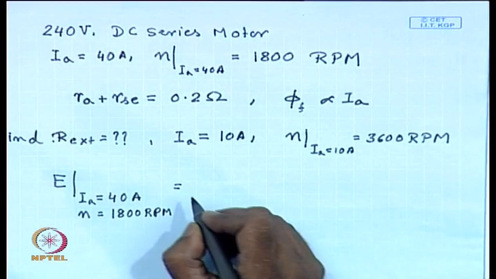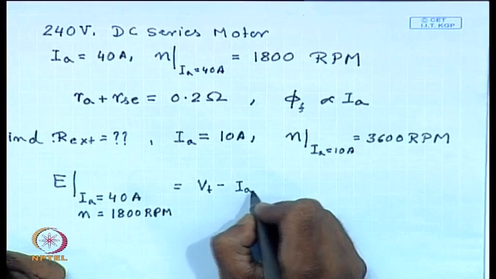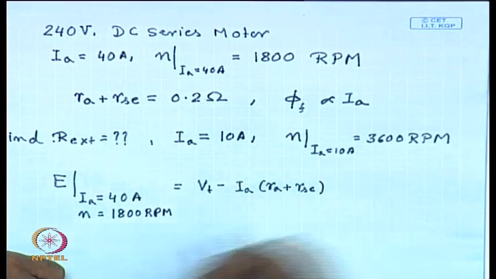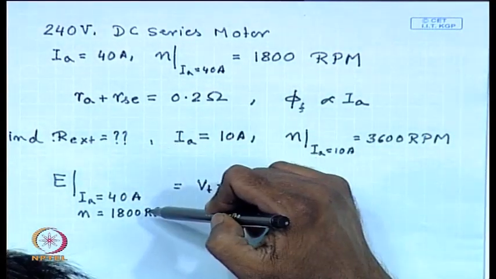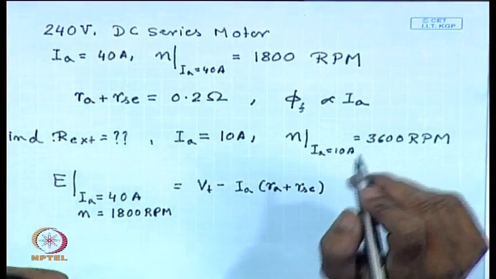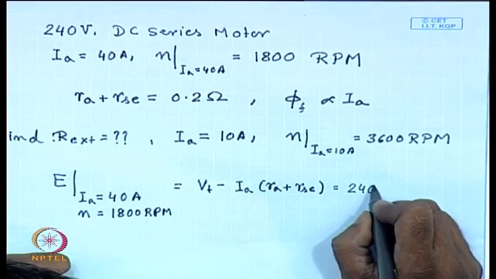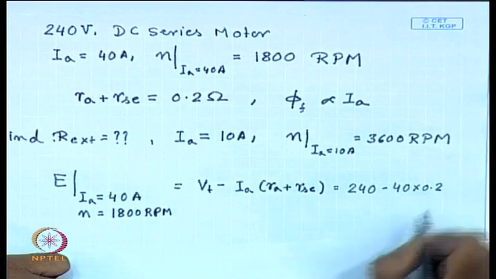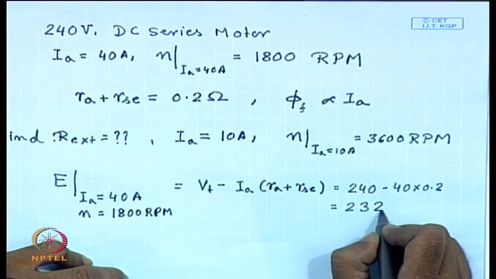This can be solved from V T minus I A into R A plus R A C, because we have been told that without any external resistance when I A equal to 40 ampere, N equal to 1800 rpm. This comes to 240 minus 40 into 0.2 is equal to 232 volts.